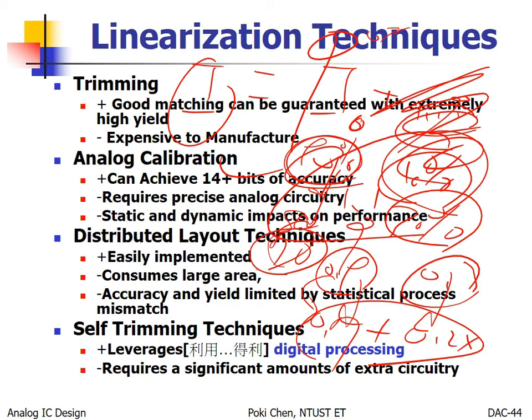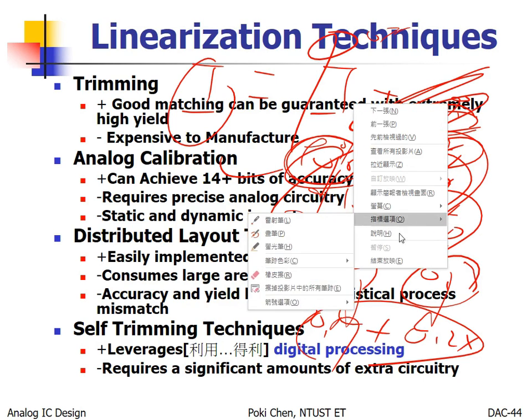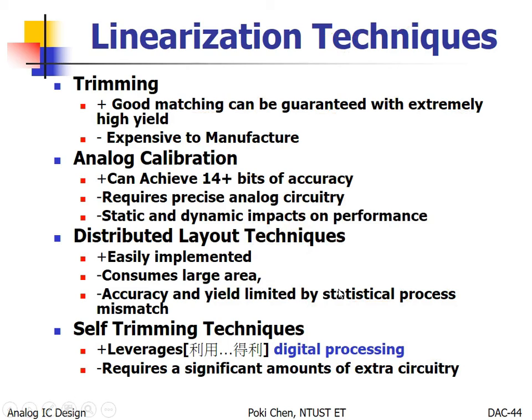So again, for such kind of trimming or calibration, you need to estimate if it goes wrong to be more, so you don't reach the ideal value.